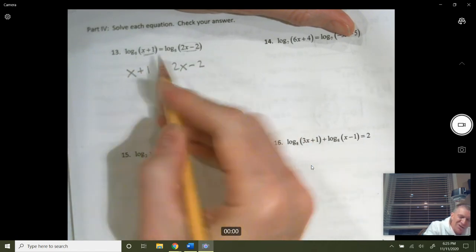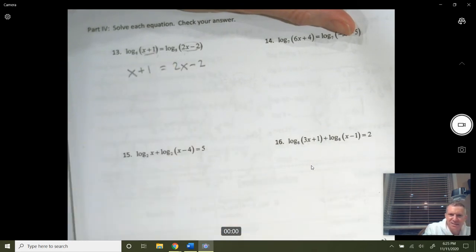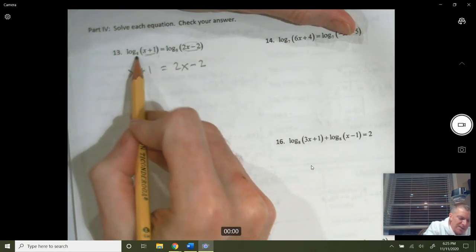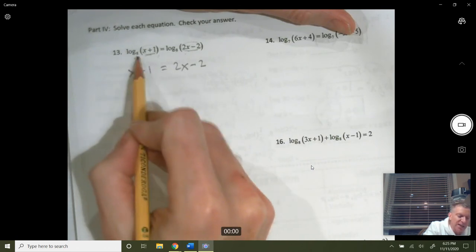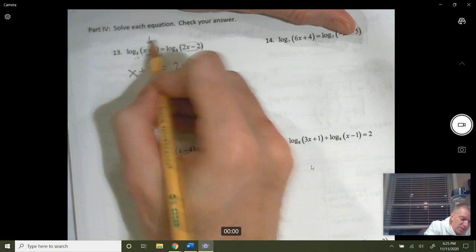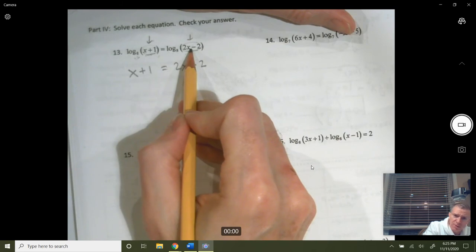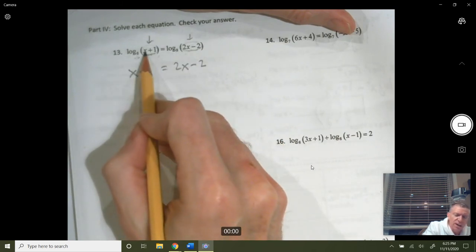Now be careful. You're not dividing both sides by log base 8. That doesn't make any sense. You divide both sides by something when they're being multiplied. This does not mean log base 8 times this. This is an operator. It's log base 8 of this. But you are saying that if you have log base 8 of something equal to log base 8 of something else, you can set those arguments equal, because this means 8 to the something equals x plus 1.